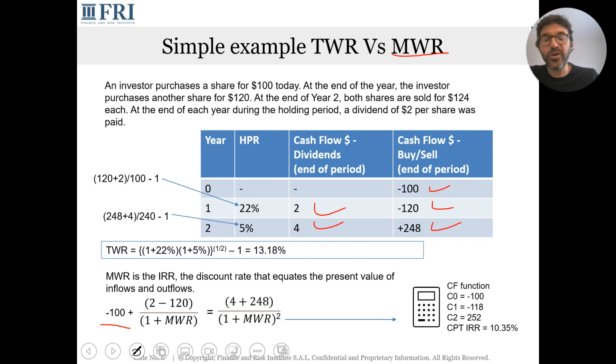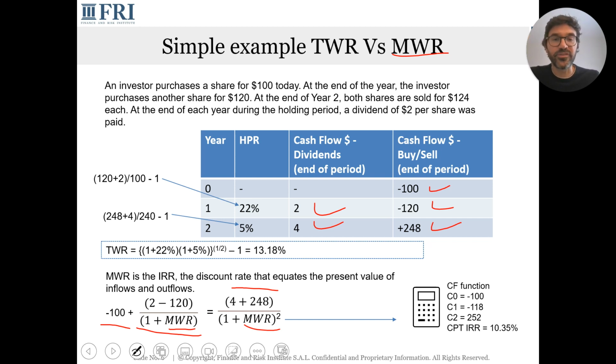So you have minus $100, no need to discount it. It was paid at the beginning of year 0 or year 1. You have a negative 118 at the end of year 1, so it must be discounted for one period at the money-weighted rate of return. And then you have the inflows of 252 occurring at the end of year 2. They need to be discounted at the money-weighted rate of return to the power 2.